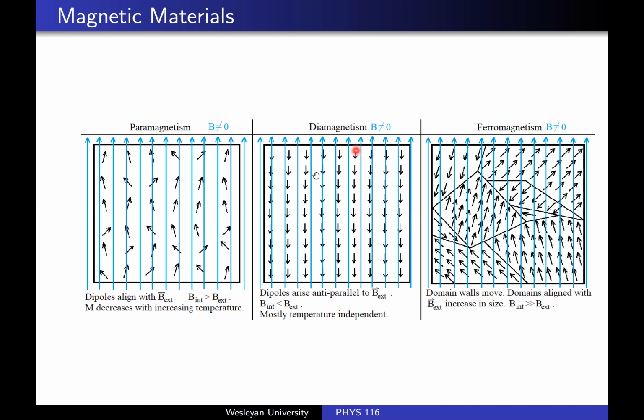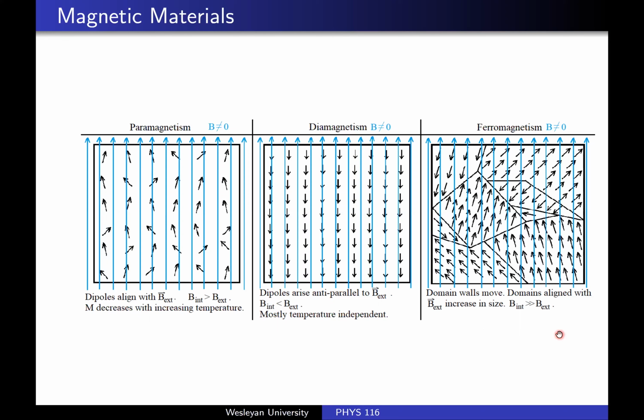So now there are all these induced dipole moments at the molecular level, and they are all anti-aligned with the external field. As a result, the internal total field is less than the external field, because you have the external B field minus the contributions from the internal dipoles. This effect is interestingly mostly temperature independent.